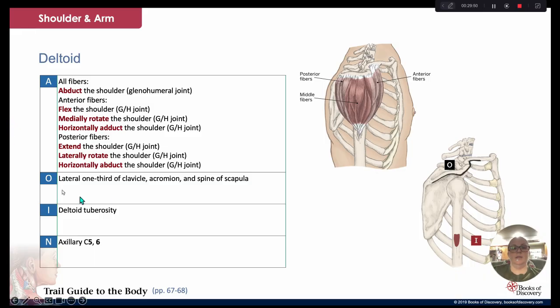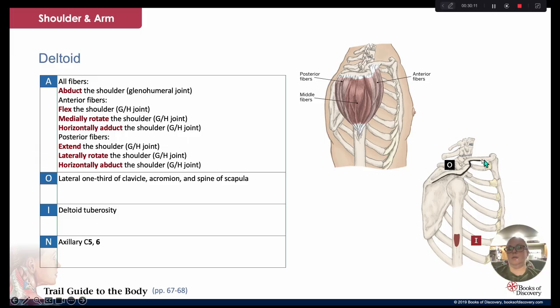Your origin. So if you're confused about some of these words, just try to slowly read it and break it down. So origin is lateral 1/3 of clavicle. So we know that this is your clavicle. The lateral side is not center, so over here. 1/3 will be about this section here.